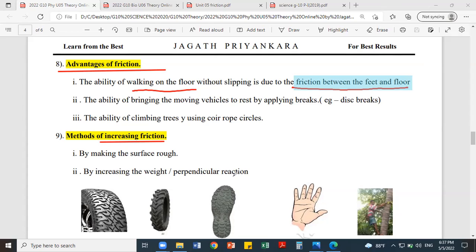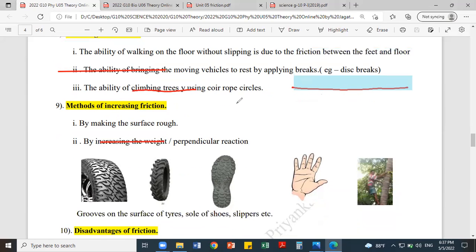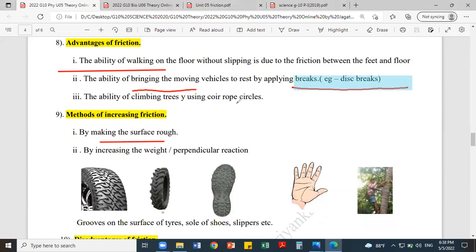Having grooves on the surface of the sole of shoes. You can write all three: having grooves on the outer surface of tires, soles of shoes and slippers. If you want, you can put a curly bracket or a double-headed arrow. I have given that, no need to write it, sorry. It's there: having grooves on the surface of tires, soles of shoes and slippers.